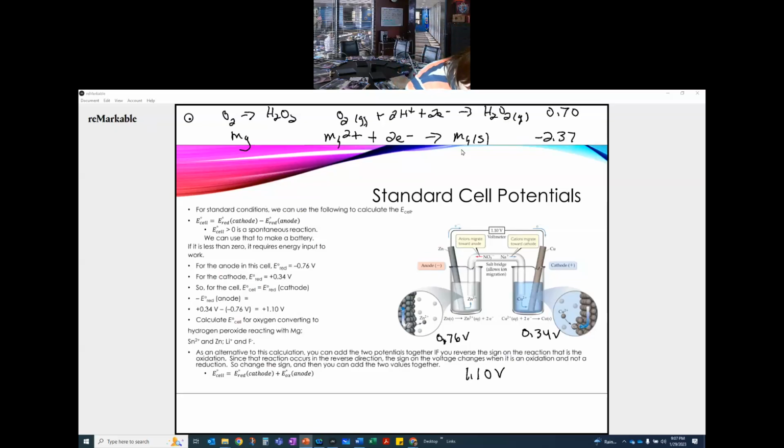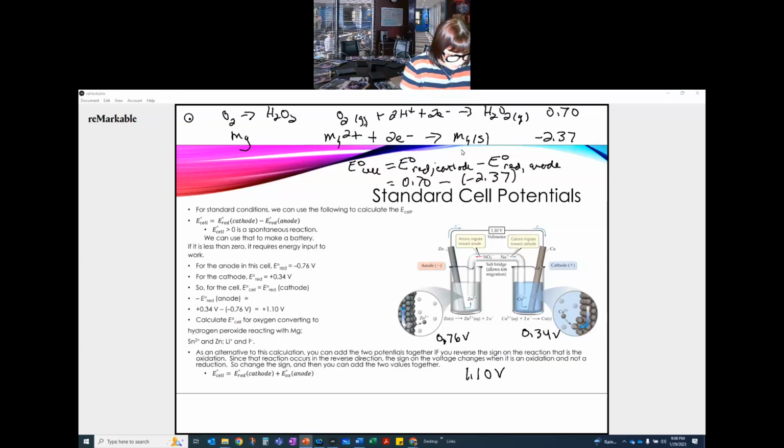If that's the case, then I know that my E° cell is equal to the E° reduction for the cathode minus the E° reduction for the anode, which is 0.70 minus -2.37.